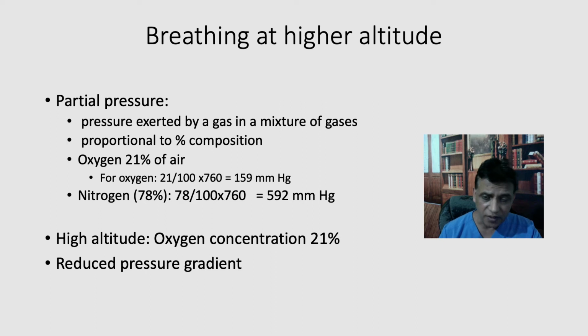The pressure of air at sea level, or the atmospheric pressure, is 1 atmosphere or 760 millimeters of mercury pressure. 21% of that pressure is due to oxygen, as shown calculated on the slide, and 78% of that total pressure is due to nitrogen.